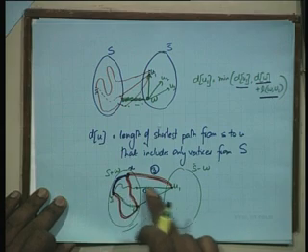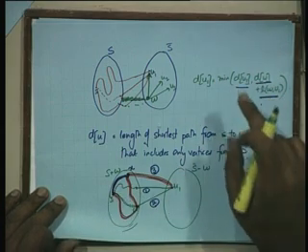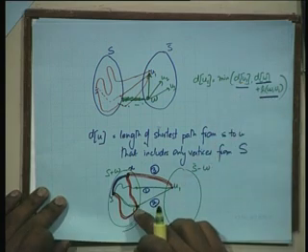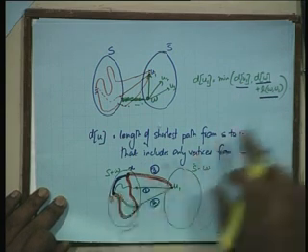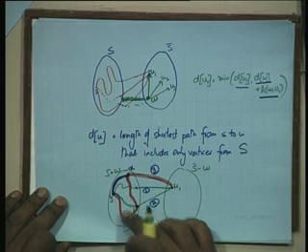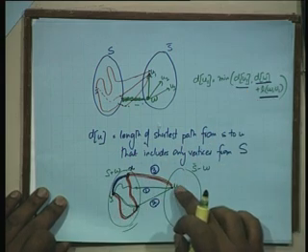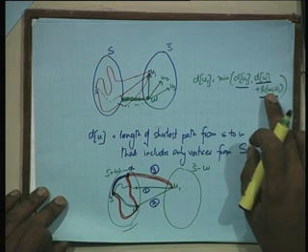If it does not include the vertex W, then we know that the length of such a path cannot be more than D of u1. If it includes the vertex W, then its length, if it were such a path, case 2, then its length is exactly this, right.